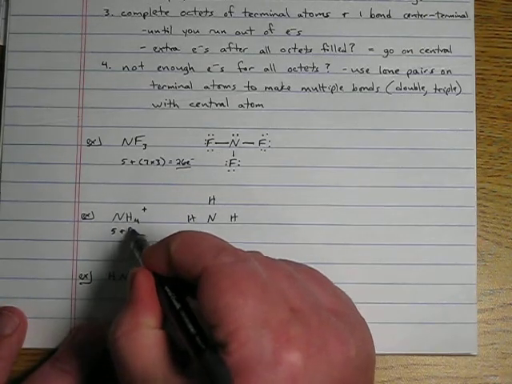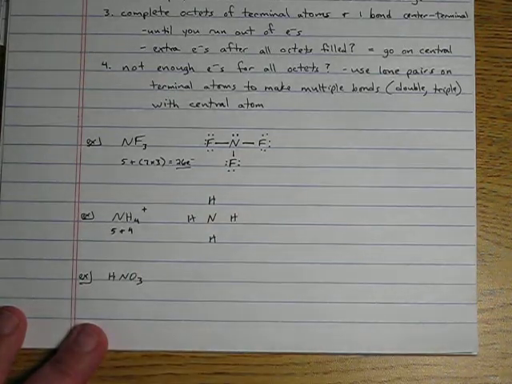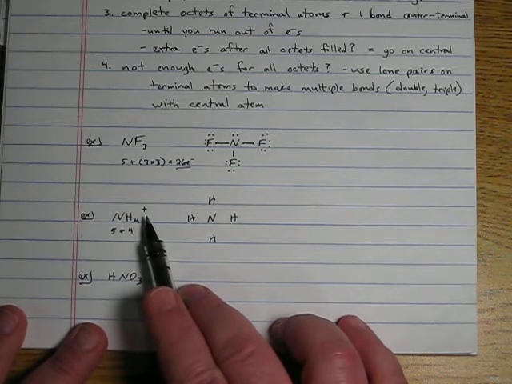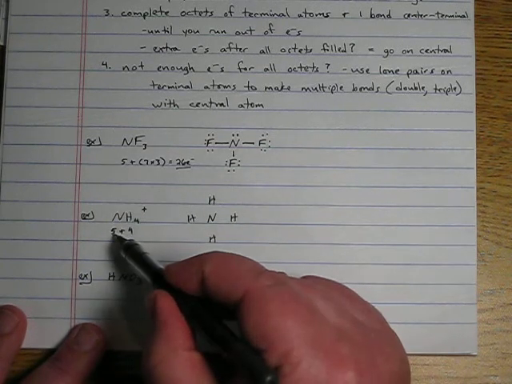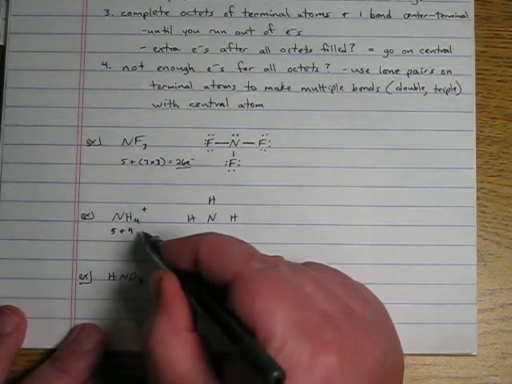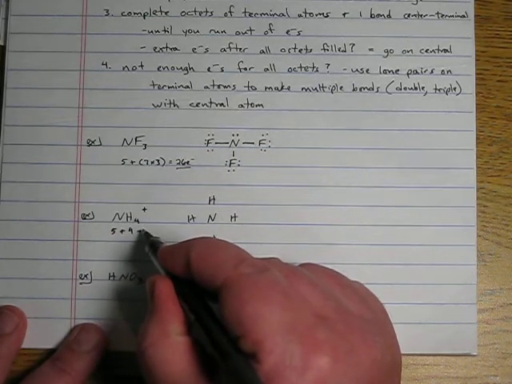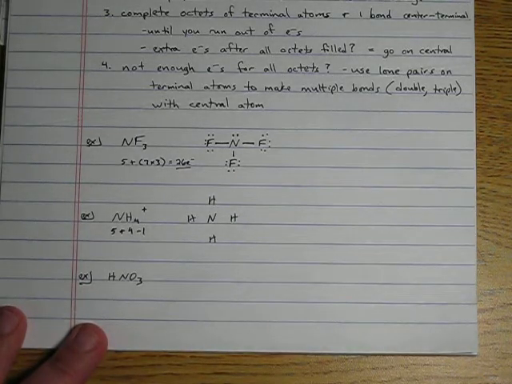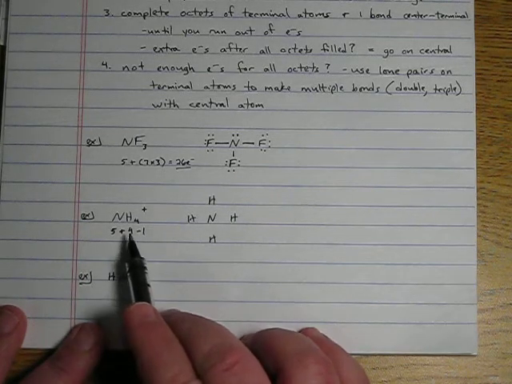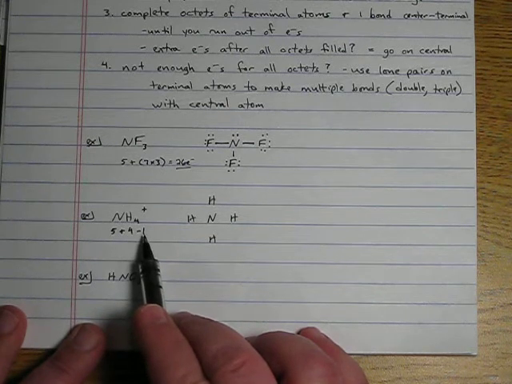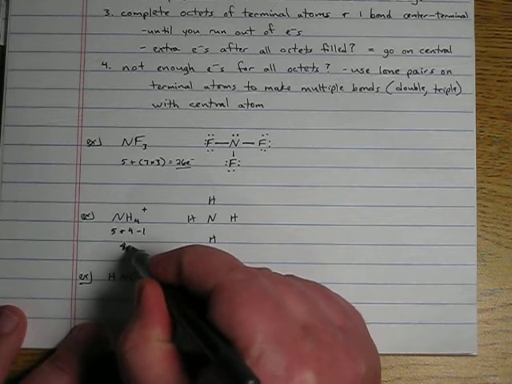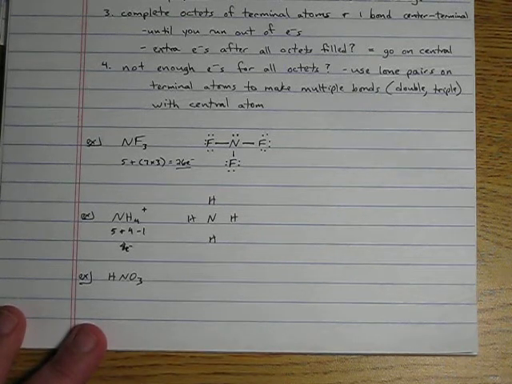There are 4 of them, so we have 4 valence electrons for the hydrogen, but this has a positive charge. It has a positive charge because it is missing an electron. Nitrogen provided 5, hydrogen provided 4, but one of those electrons got taken away, so we need to subtract 1 electron because of that positive charge. 5 plus 4 is 9. 9 minus 1 is 8. 8 electrons. Do not mess up that math.